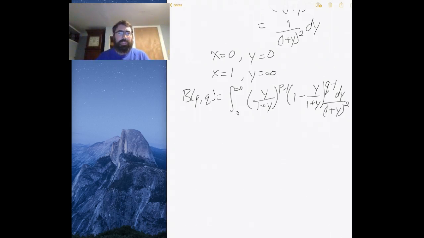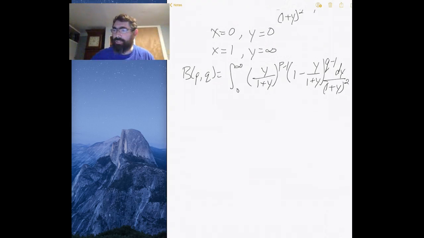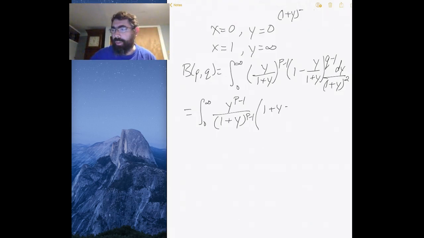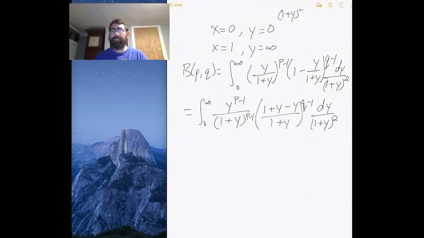Okay, so how can we rearrange that a little bit? Well, I can make this y to the p minus 1 over 1 plus y to the p minus 1. I could group together this. So this would be 1 plus y minus y over 1 plus y, to the q minus 1, dy over 1 plus y quantity squared.